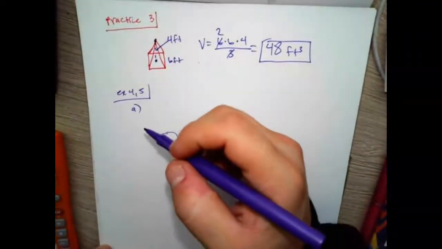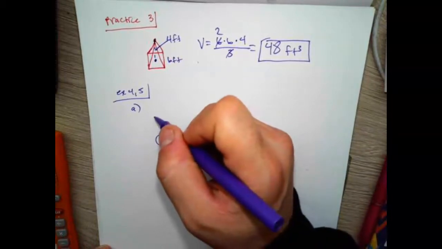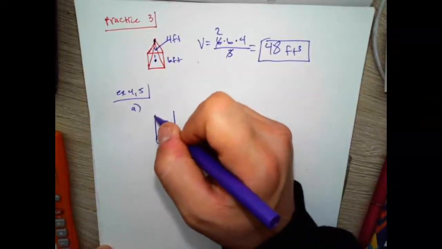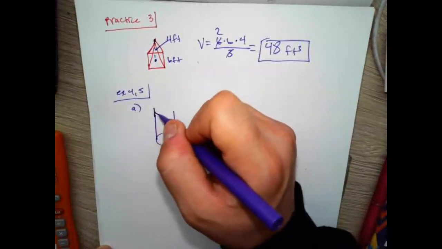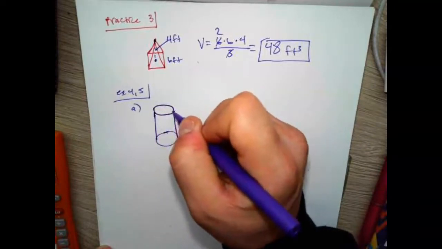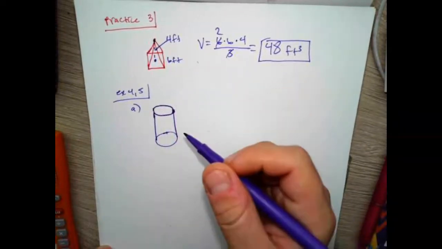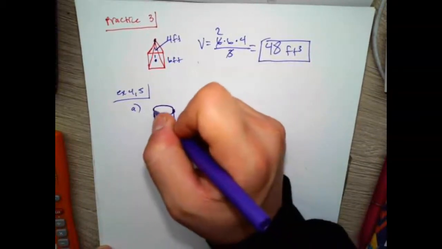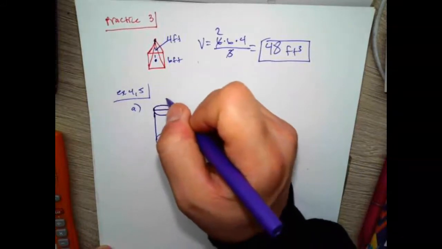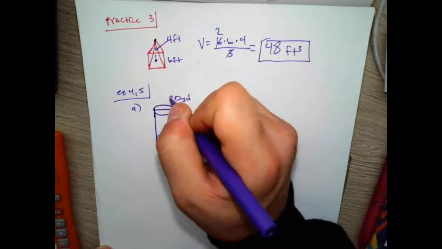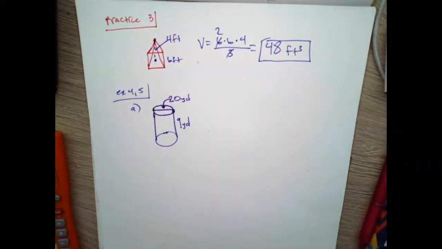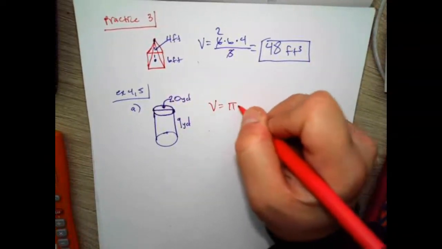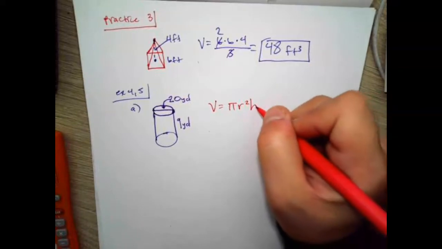So we have a cylinder, for example, 4A. The cylinder is 9 yards tall, and the diameter here is 20 yards, and the formula for volume of a cylinder is pi times the radius squared times the height, pi r squared h.